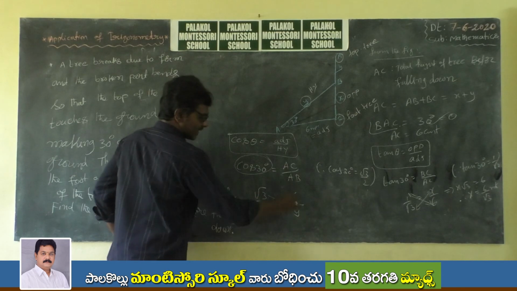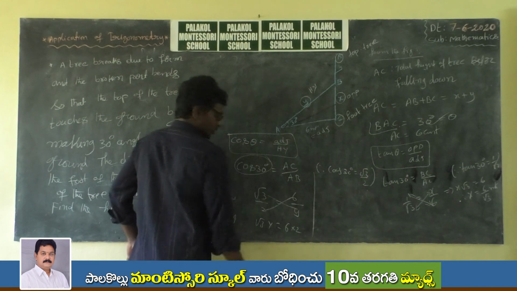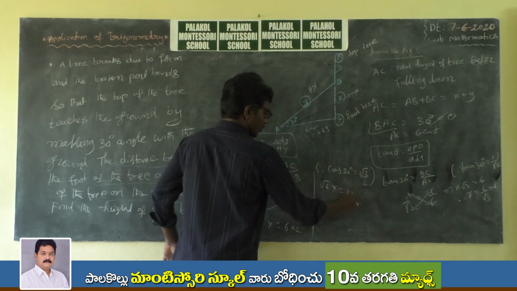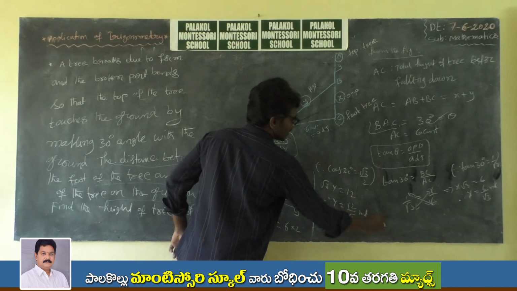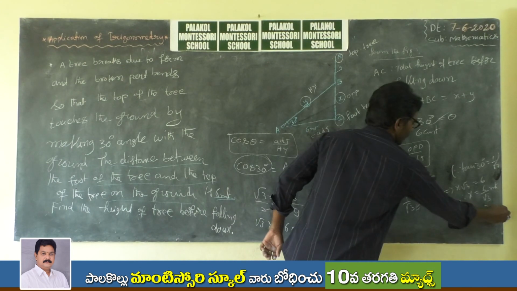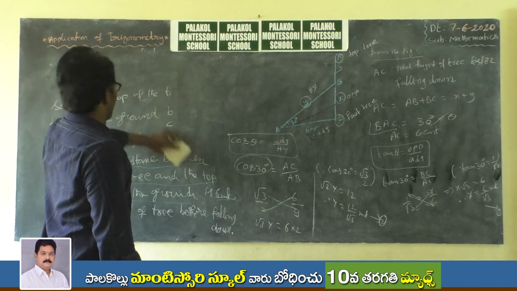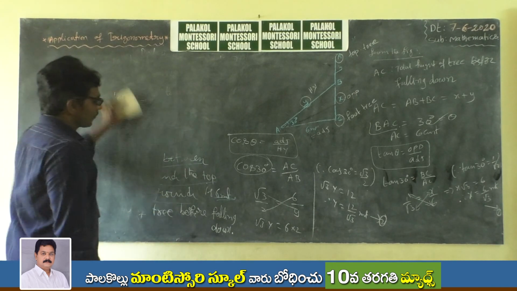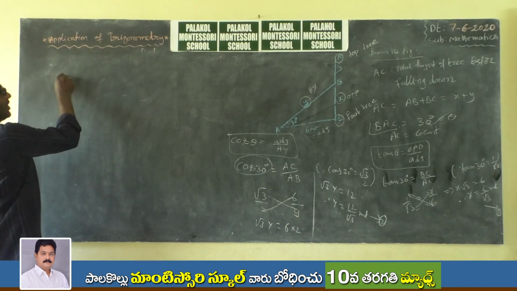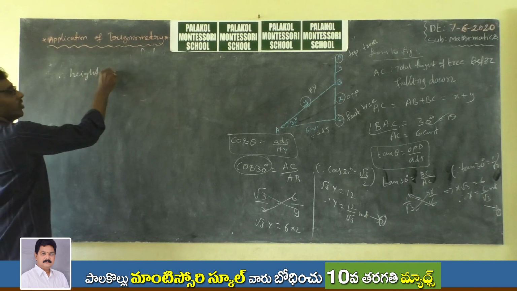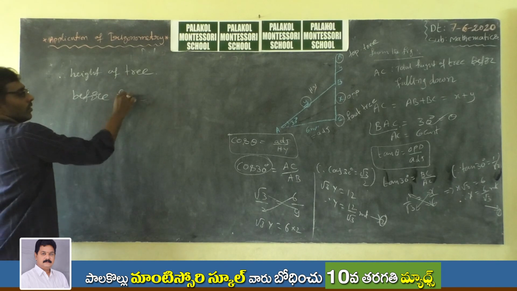Cross multiplying, root 3 y is equal to 6 into 2, so root 3 y is 12, therefore y is equal to 12 by root 3 meters. This is equation 2, and this one is equation 1. Now you want the height of the tree before falling down.